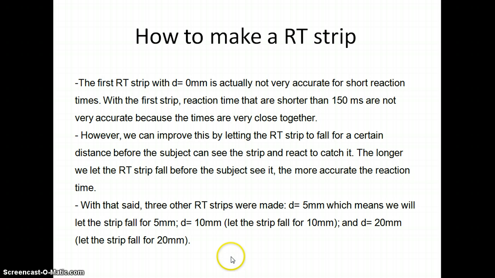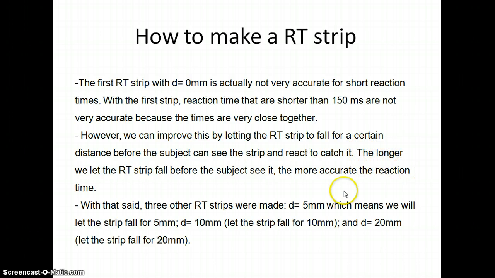The first RT strip with d equals 0 millimeters is not very accurate for short reaction times. With the first strip, reaction times shorter than 150 milliseconds are not very accurate because the times are very close together. However, we can improve this by letting the RT strip fall for a certain distance before the subject can see the strip and react to catch it.